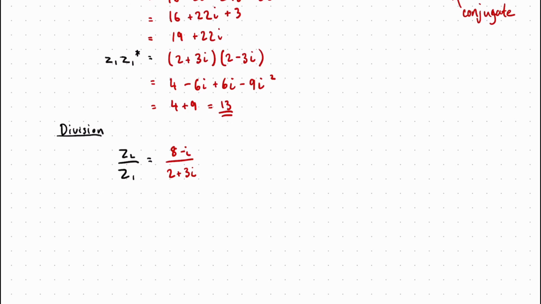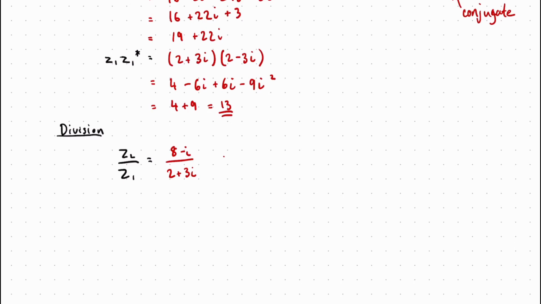Well, let's think about what we did in the last question with its conjugate. What happened when you multiplied a complex number by its conjugate? Well, it made it become a rational number. So when I multiplied 2 plus 3i by 2 minus 3i, we got just 13. So to deal with a division, what you're going to do is multiply the top and the bottom by the conjugate of the denominator.